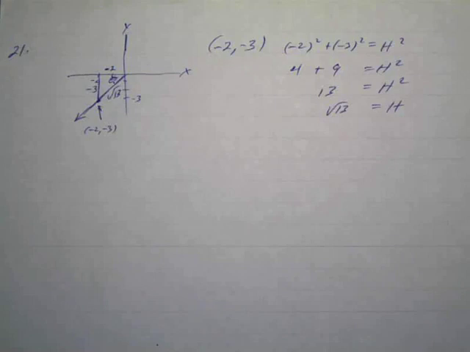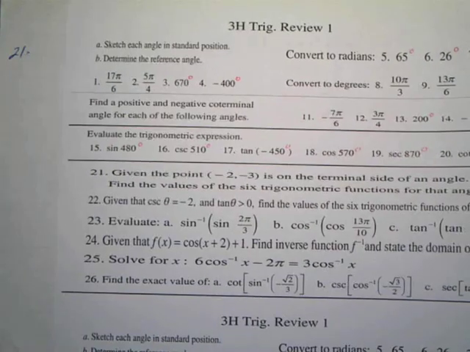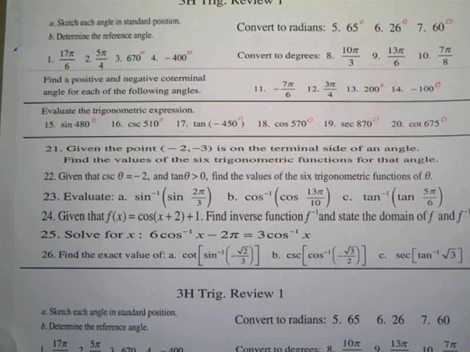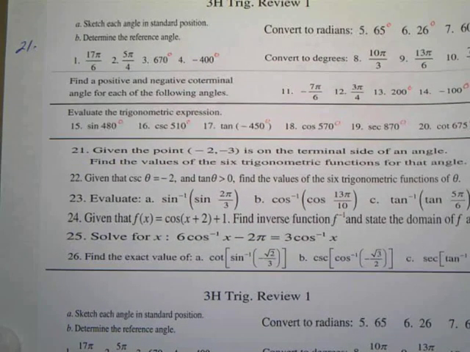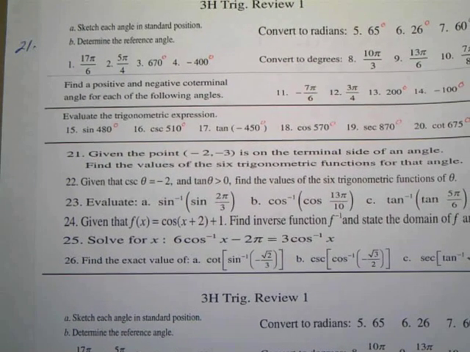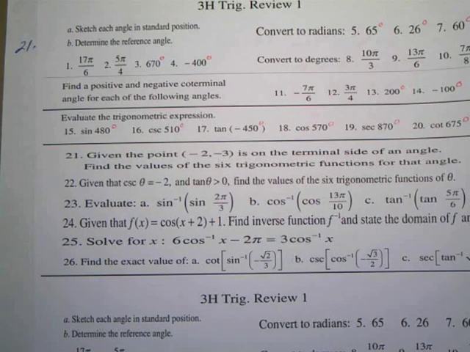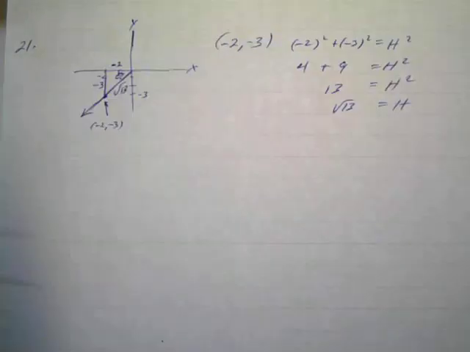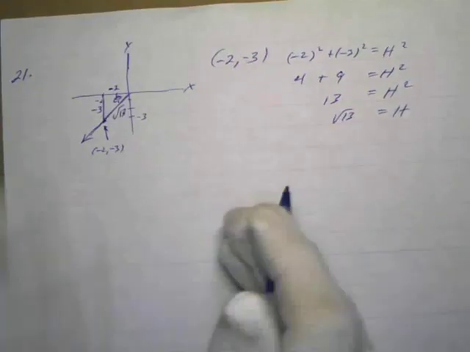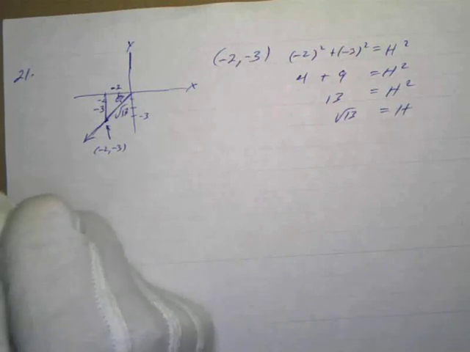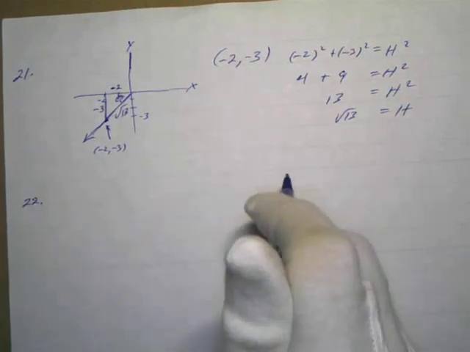Let's take a look at 22. Okay, given that the cosecant of theta is -2 and the tangent is greater than 0, find the values of the 6 trigonometric functions. So let's figure out what quadrant we're in.